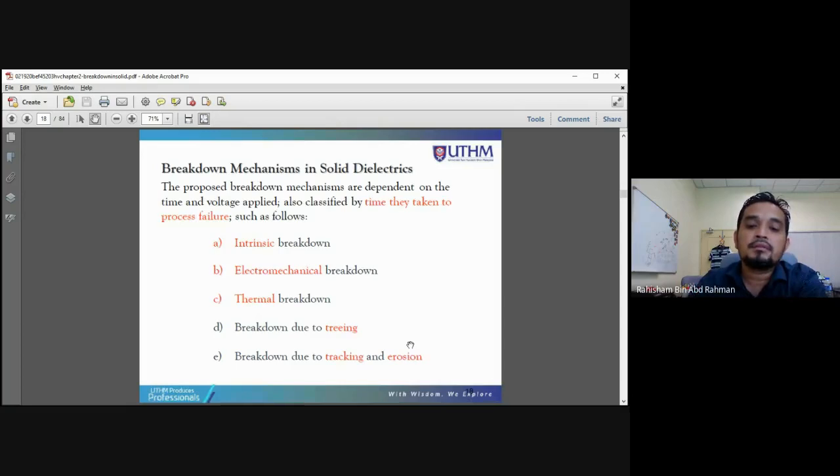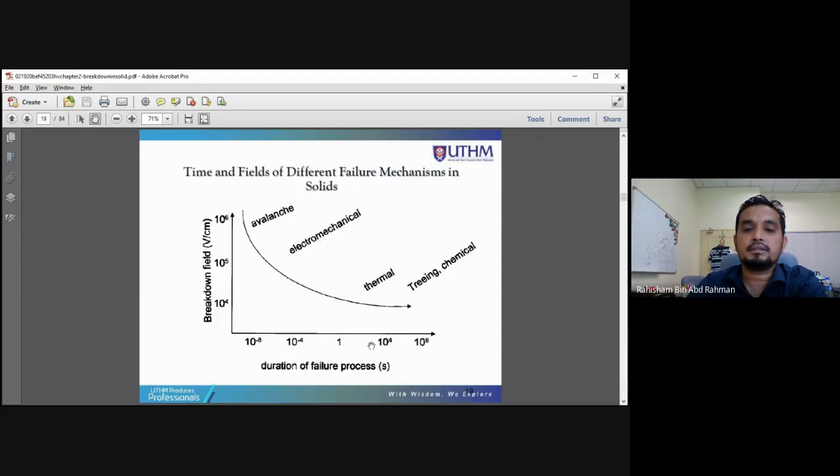And then breakdown due to tracking and erosion as well, this one is related to time. So the failure will not happen instantaneously. It will start to degrade the material until it leads to total failure.